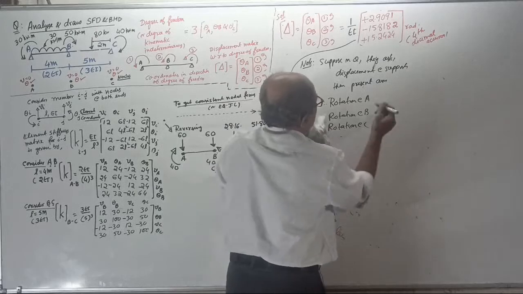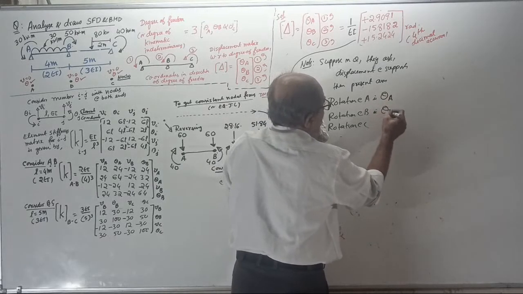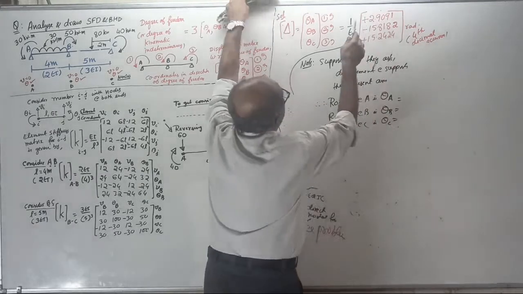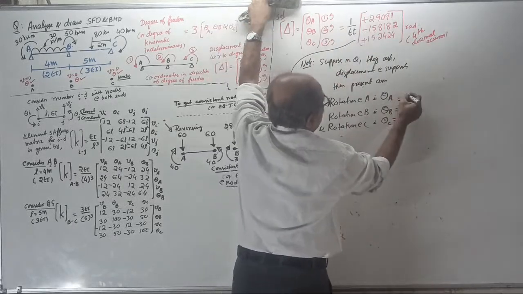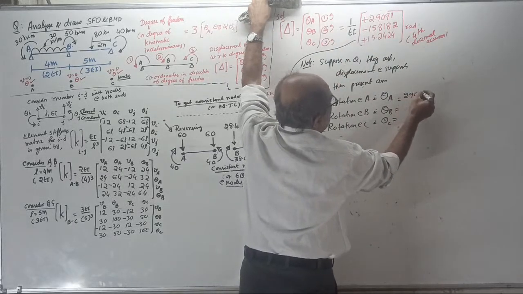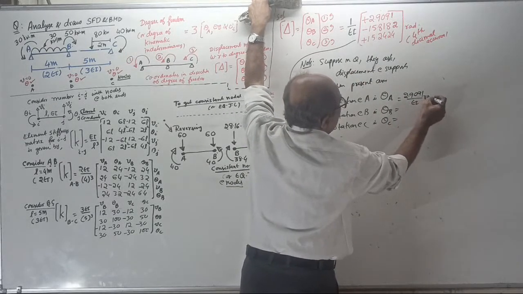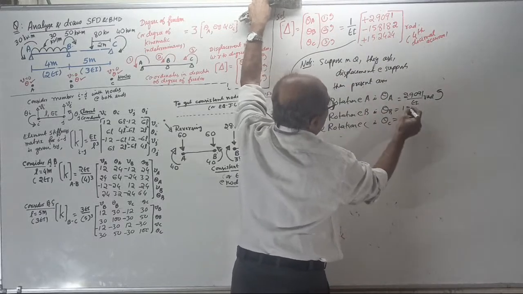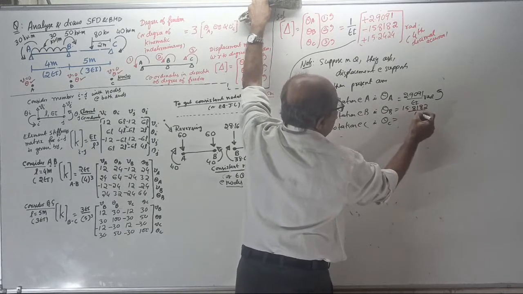That is theta A, theta B, theta C equal to: anti-clockwise positive, positive came, 2.9091 by EI radian anti-clockwise. No sign here. 15.84 8182 by EI radian.